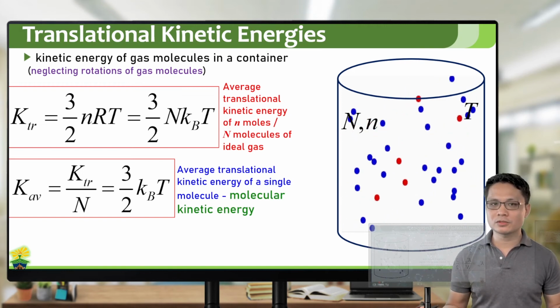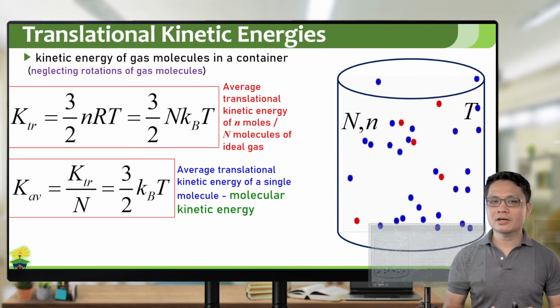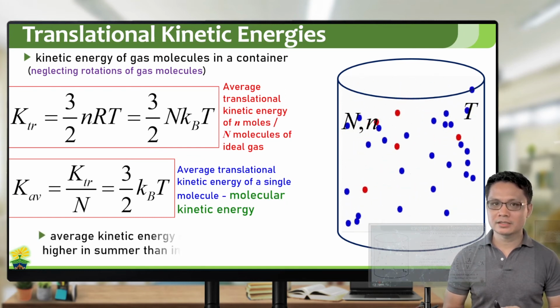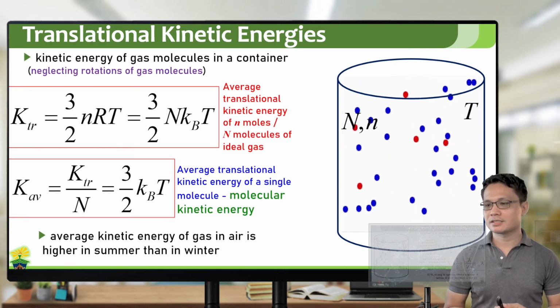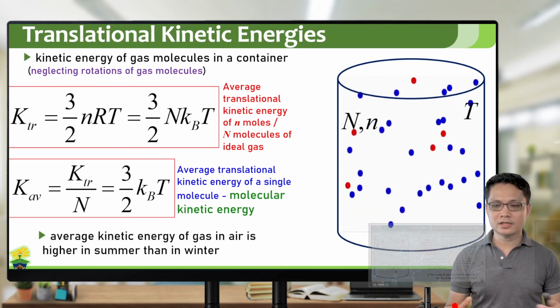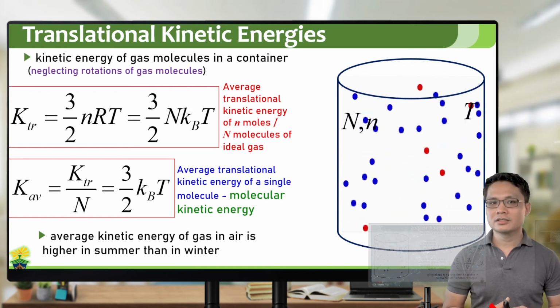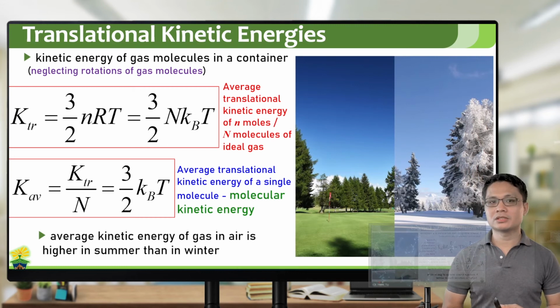With these assumptions and formulations, it is now clear to us that the average kinetic energy of gas in the air or the atmosphere is higher during summer season compared to winter season.